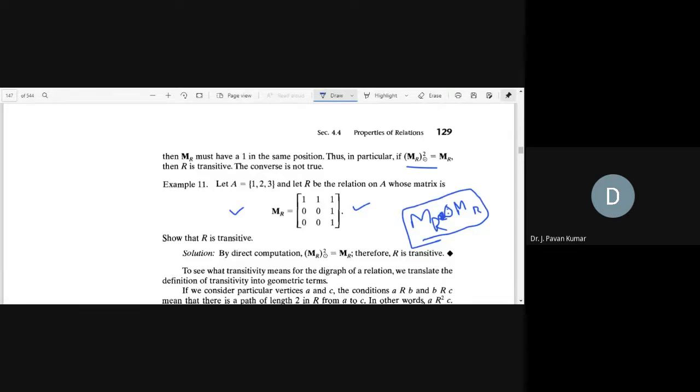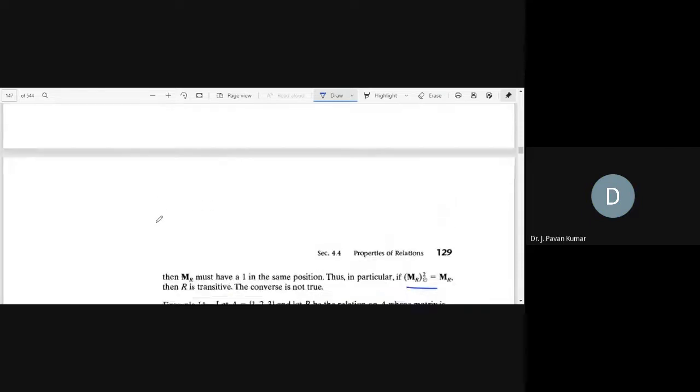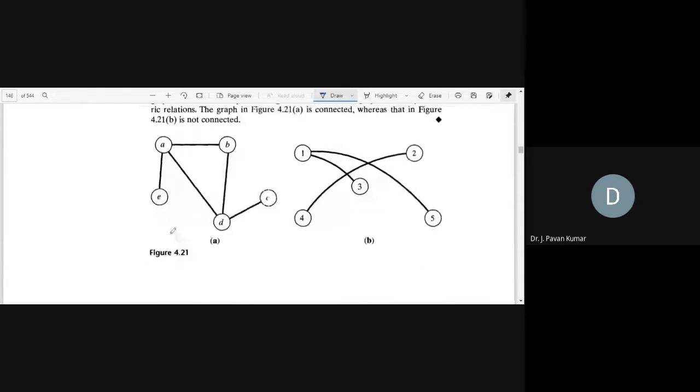Similar to that, if we have MR squared as MR, then we can consider it as transitive. I think you are clear with these properties.